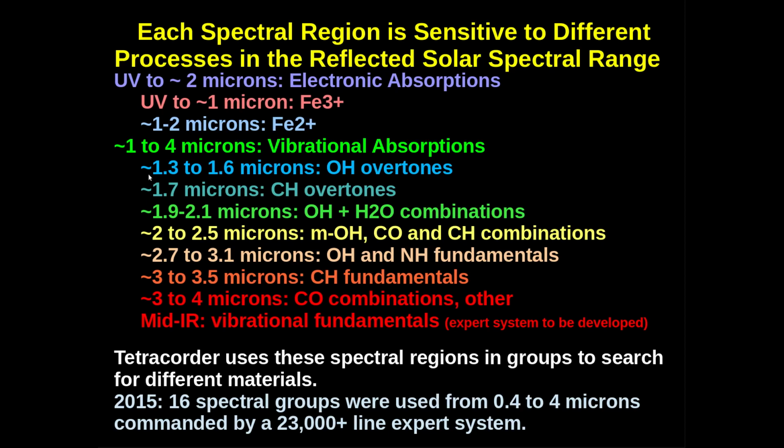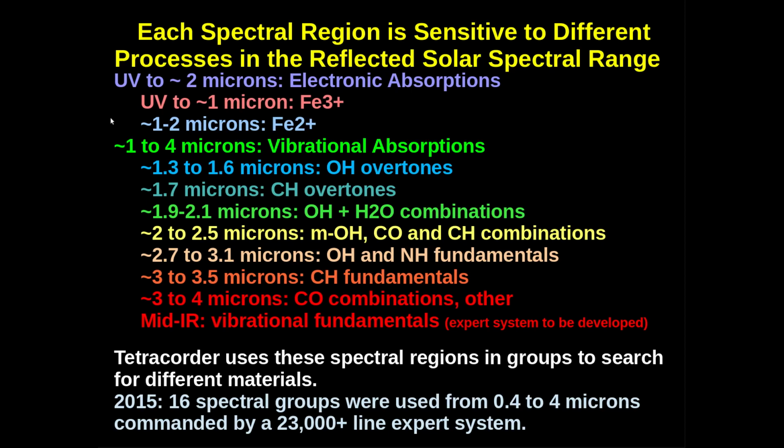This gives an indication of some of the different regions that we see, and we split the 1 to 1.3 region up into a number of different subregions. The 2 to 2.5 micron region is one of our key ranges, but as we get more and more data in these other wavelength regions, we're finding they're very diagnostic also.